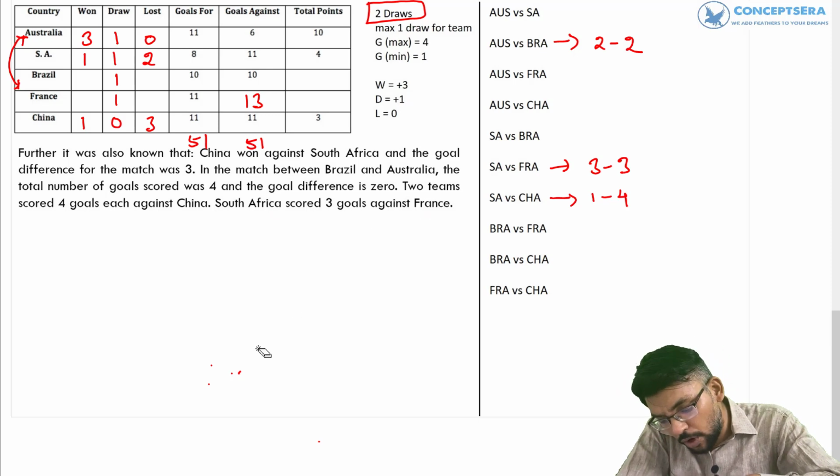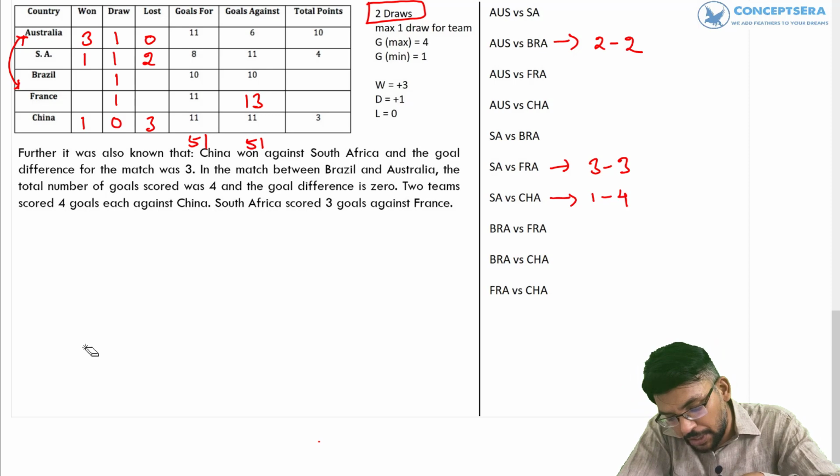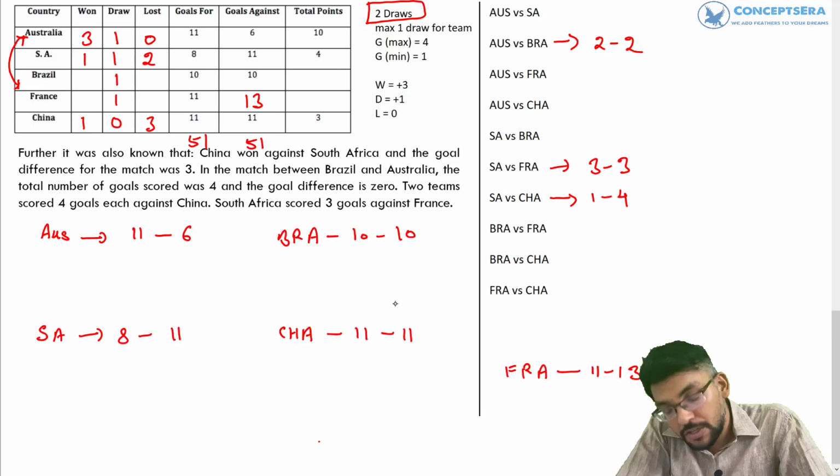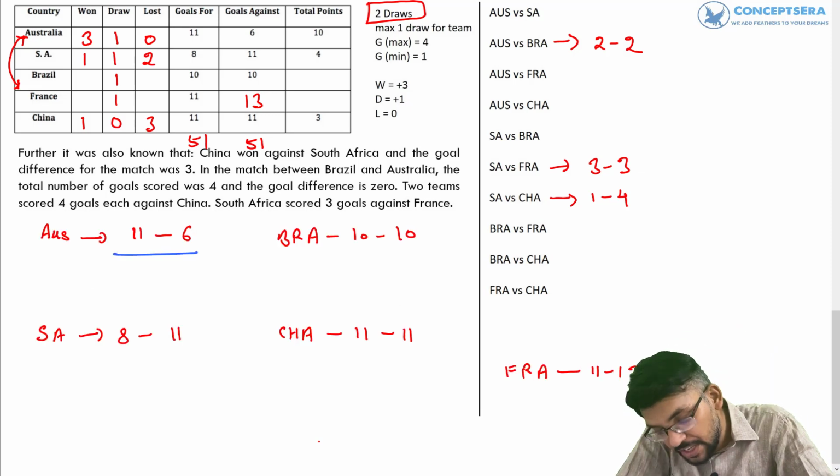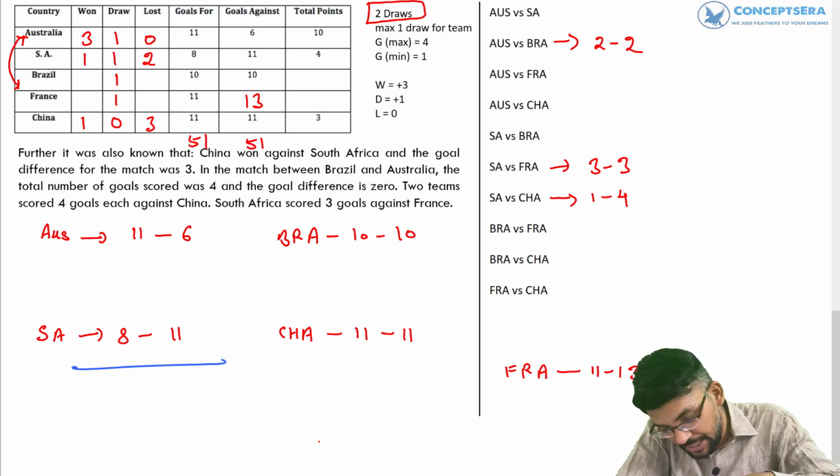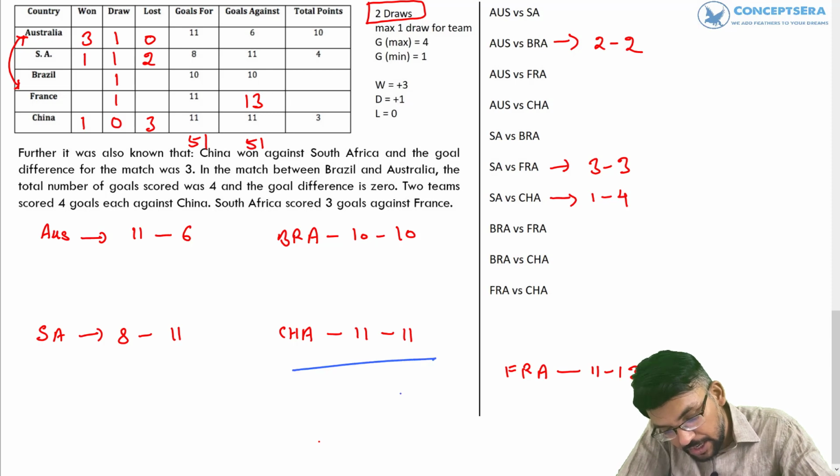Now, if you really want to understand how to approach this particular caselet from here onwards, you should know what goal lines are left out here. So if we look, the goal line for Australia is 11-6, goal line for Brazil 10-10, goal line for South Africa 8-11 and goal line for China 11-11.